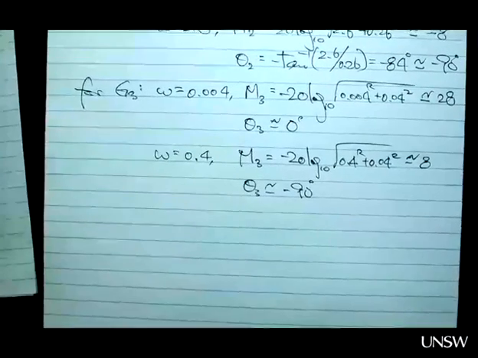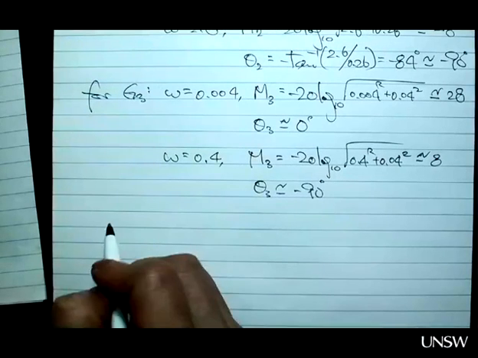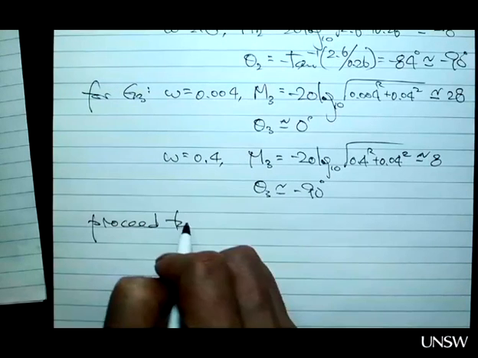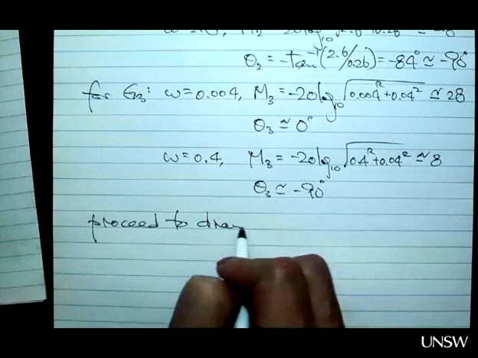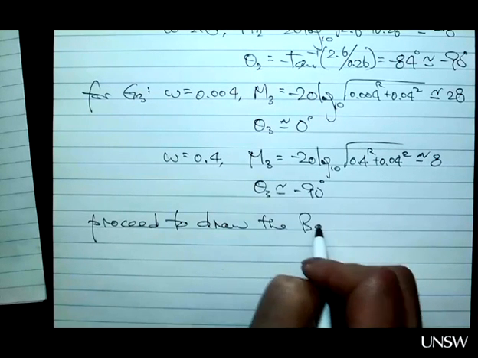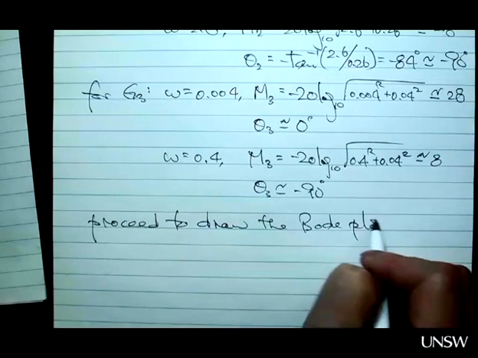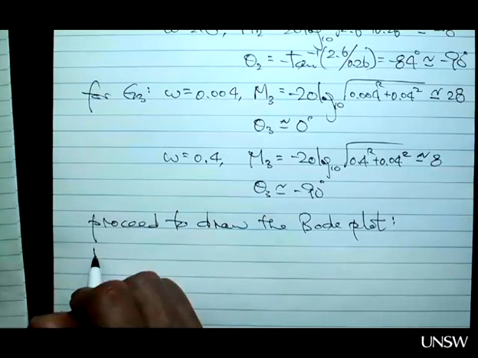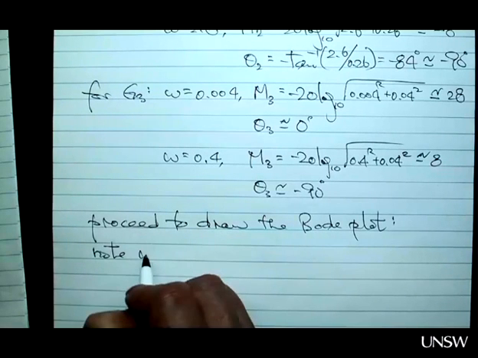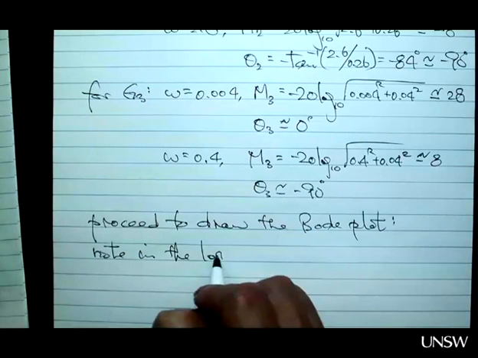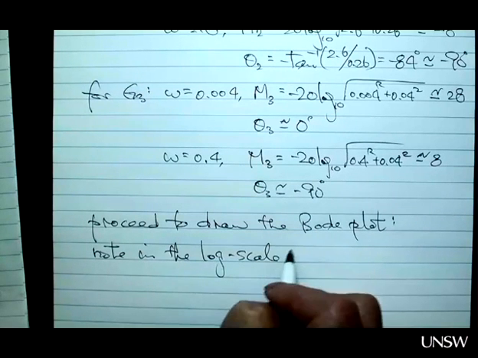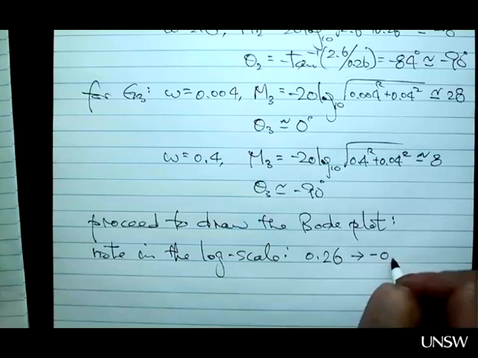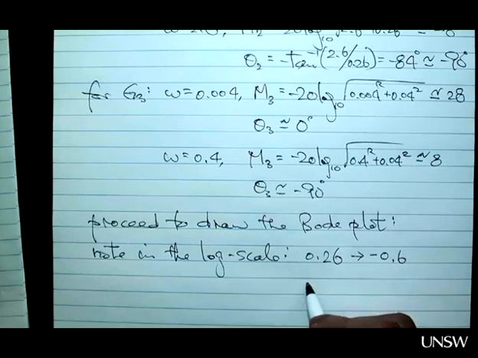Okay, and then now proceed to draw the Bode plot. First of all, we note the log scale. 0.26 goes to minus 0.6, and then 0.04 goes to minus 1.4.